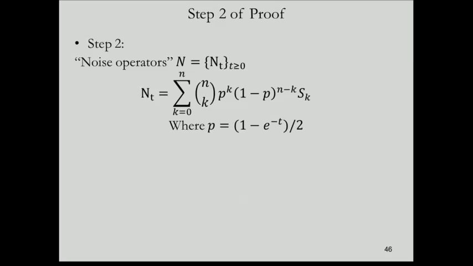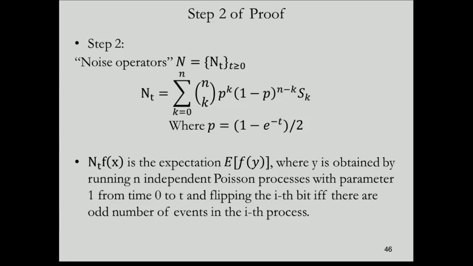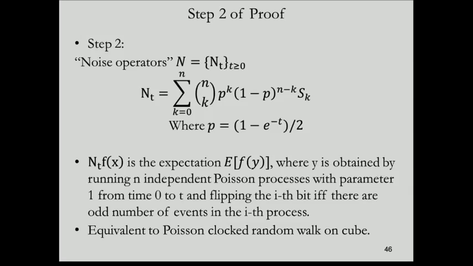It's just these noise operators parameterized by t, where basically you run n independent Poisson clocked processes with parameter 1 from time 0 to t, and you flip bit i if you had an odd number of events in the ith Poisson process. So this is sort of like a Poisson clocked random walk on the hypercube. You should know everything about that by now, I guess, from these lectures.